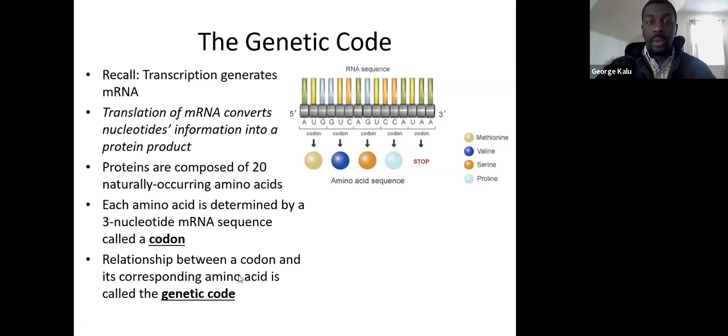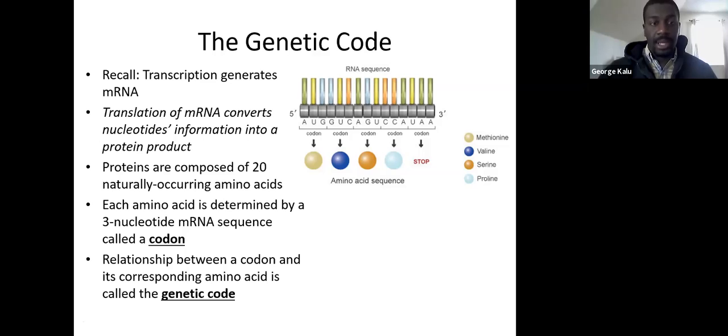In order to form that protein, we use all of these codons to know which amino acid comes when. Each group of 3 nucleotides is 1 codon, and each codon codes for 1 amino acid. The relationship between the codon and the amino acid that it corresponds to is called the genetic code. So this is what this whole process is going to look like here.